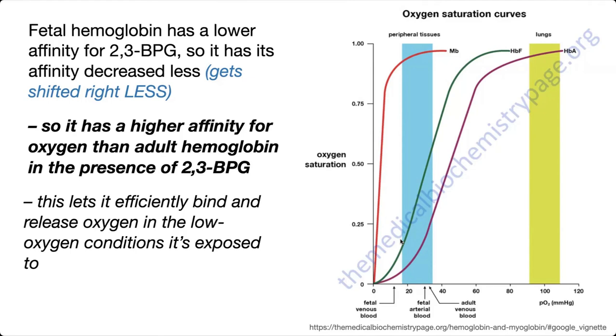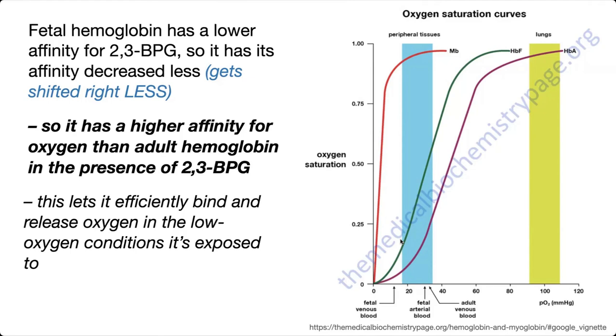And so if we had these lower concentrations of oxygen that the fetus is going to see, that means it's not going to be picking up enough oxygen, and it's not going to be delivering enough oxygen. So we need to shift the curve to the left in order for it to still be grabbing as much oxygen as it can from the mother's blood.